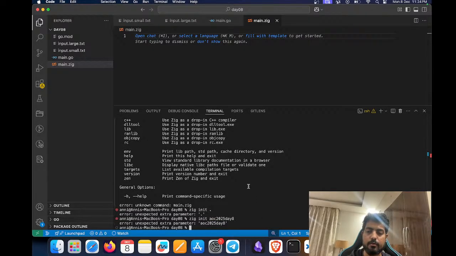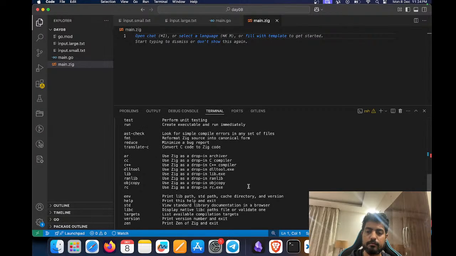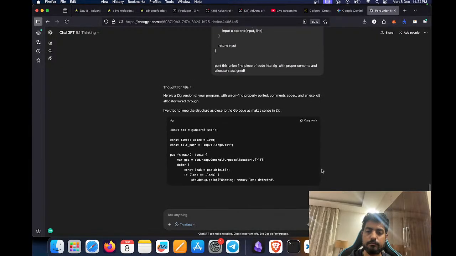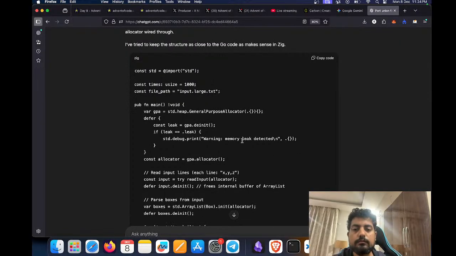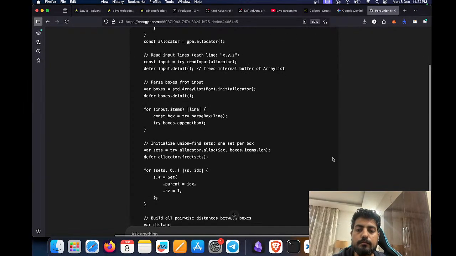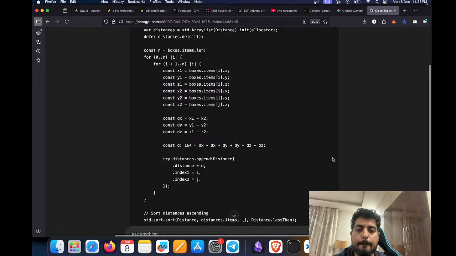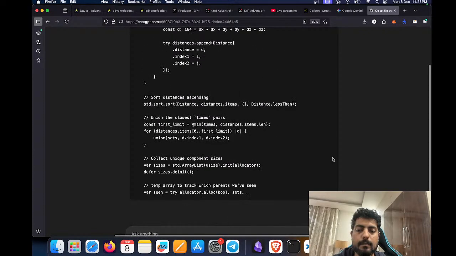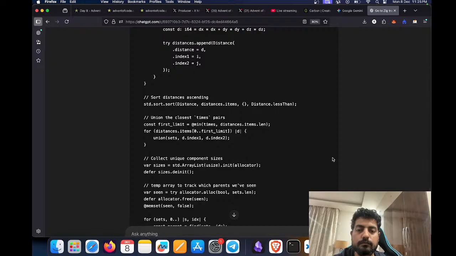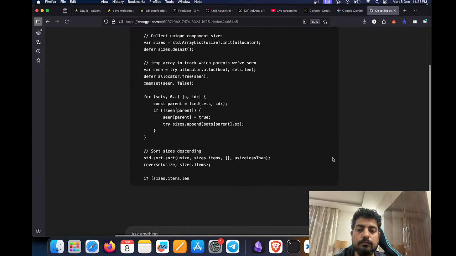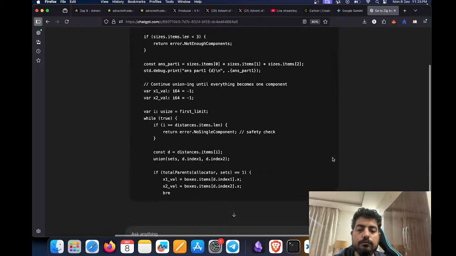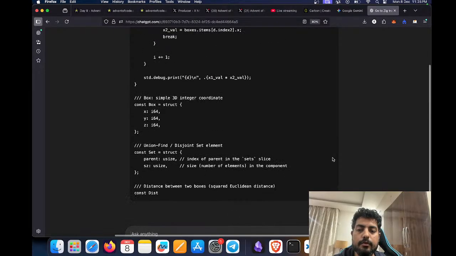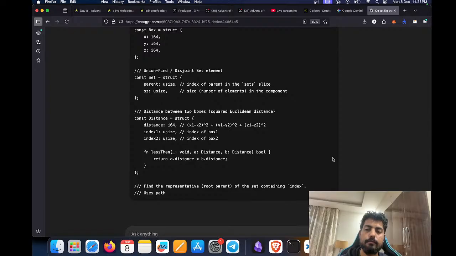Okay, I don't know how do I init this thing. I'll also write a command to know how do I run this function.